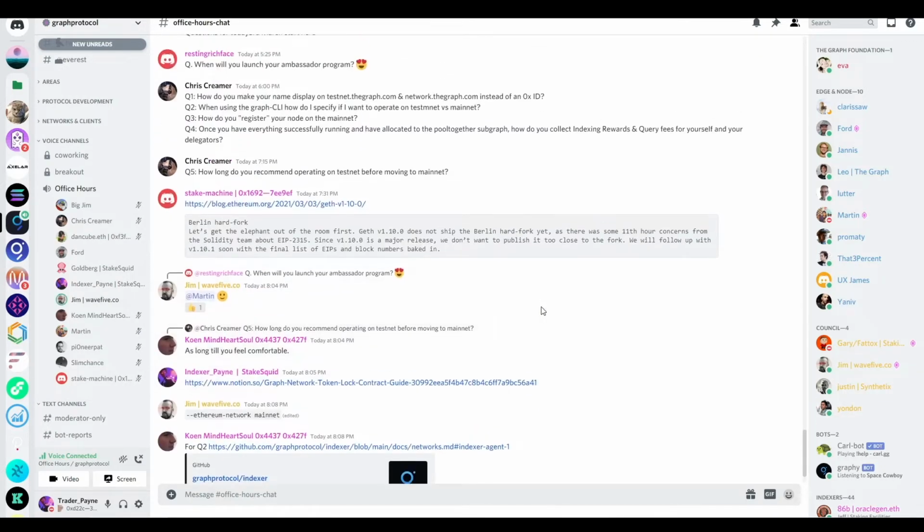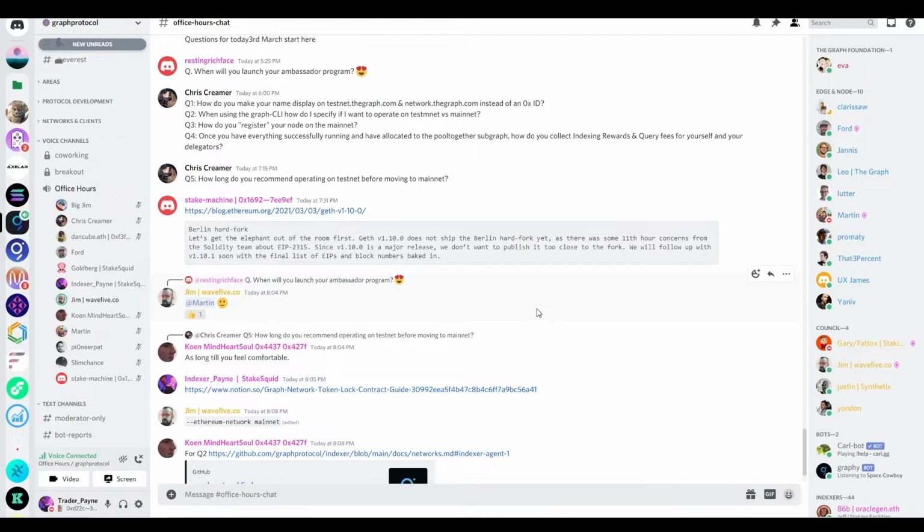With the testnet, I assume it's permissionless, although you do need to register in order to get some testnet GRT. That's the purpose of registering on the testnet. In theory, if somebody else was to give you some testnet GRT, you could fire up an indexer permissionless.